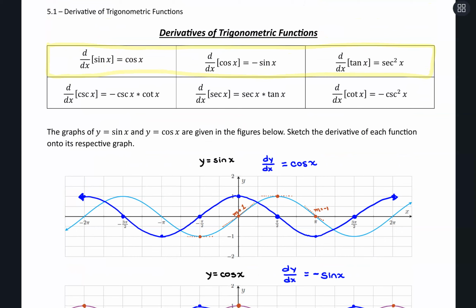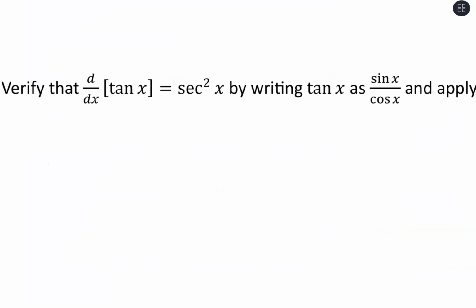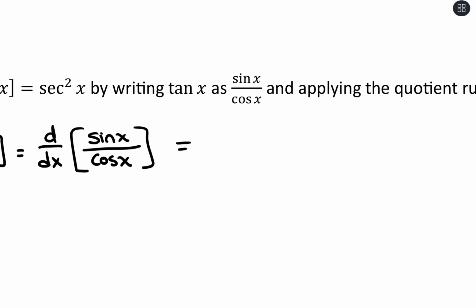Now, our third one that we're going to focus on kind of memorizing is going to be that the derivative of tangent of x is equal to secant squared of x. And with that, we could find that using the quotient rule, since tangent of x is equal to sine over cosine. So if I want to take the derivative of tangent of x, I can apply the quotient rule to sine over cosine. And using what we just found about the derivatives of sine and cosine, this should simplify pretty nicely.